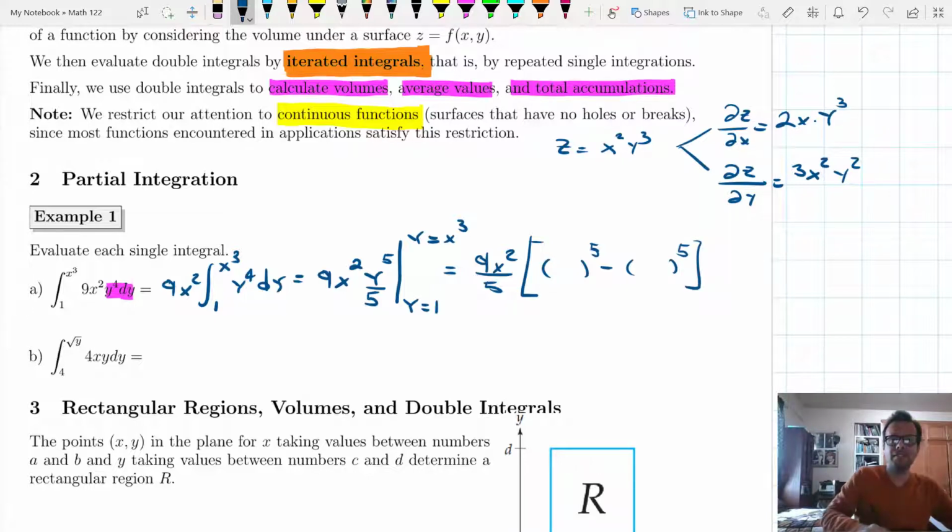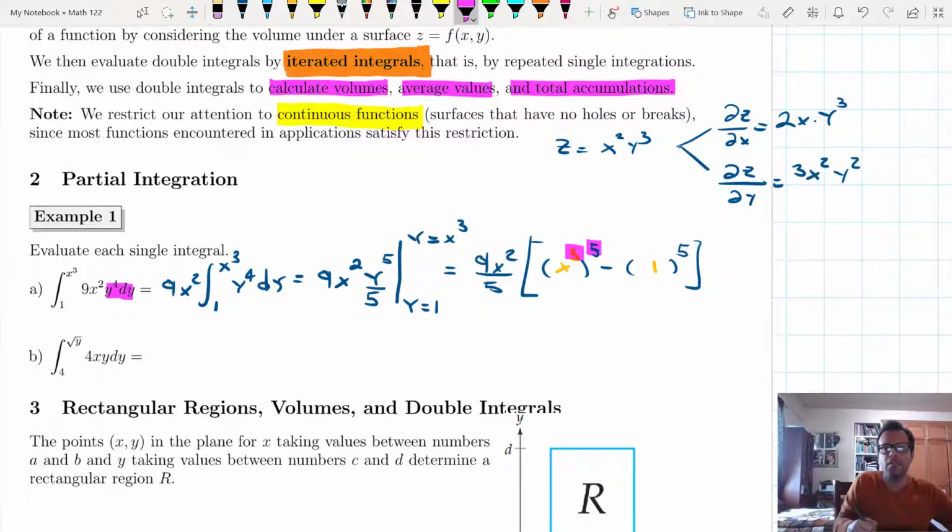What are we going to plug in there? Upper limit, which is x cubed, minus lower limit, which is just 1. The rest would be just simplifying the powers. In this case, we have the power of another power. Let's use a different color to highlight.